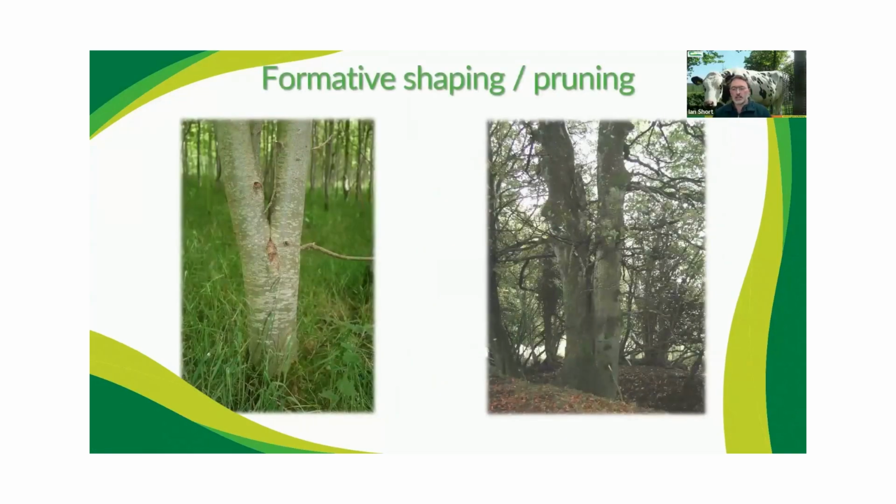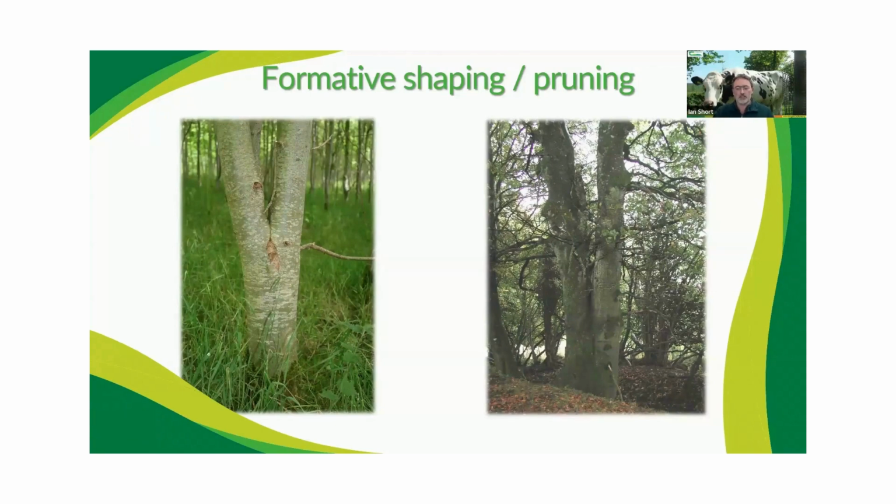So if we're getting the most monetary value from the bottom 6 meters of the stem, we need to be looking after that bottom 6 meters of the stem. On the left-hand side there, you can see there's a fork which is only about half a meter above the ground. And if that fork wasn't pruned, as it hasn't been pruned, that fork will stay there at half a meter and will not, as a lot of people seem to assume, grow up the tree.